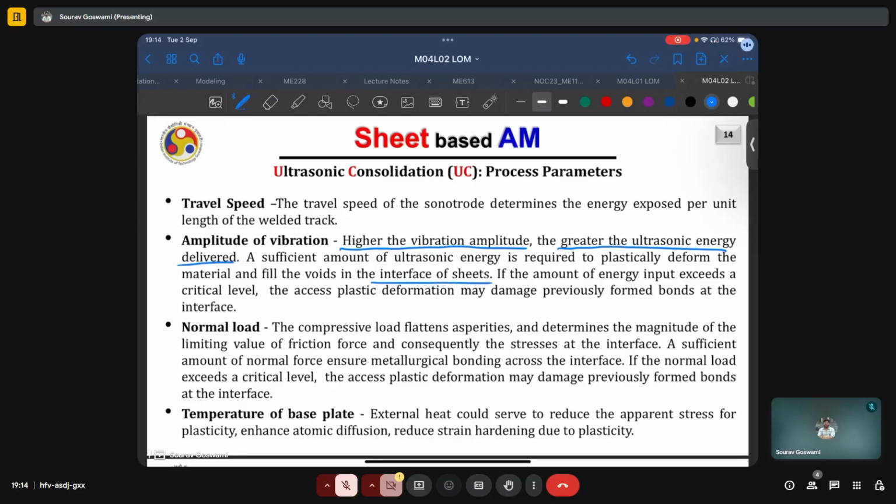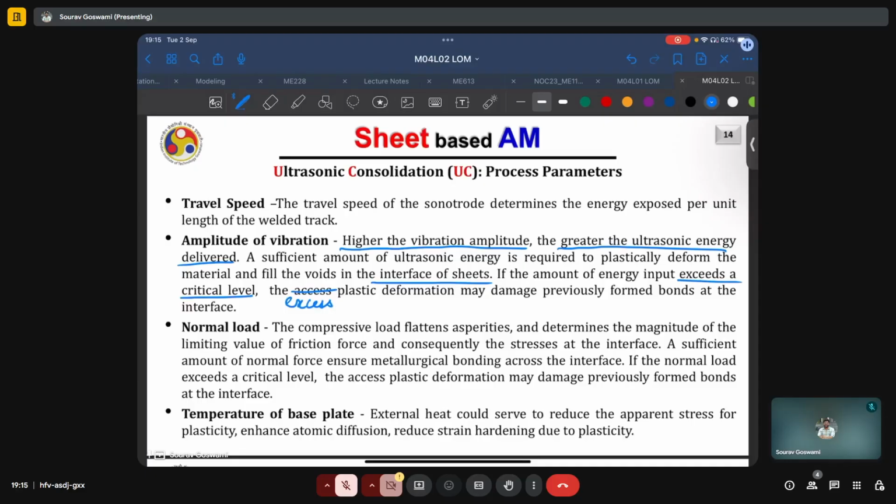If the amplitudes are too small, the welding effect will be very weak, and we can have interlayer voids. On the other hand, if the amount of energy is very high and exceeds some critical level, the excess plastic deformation may damage the previously formed bonds at the interface, which is again not desirable.